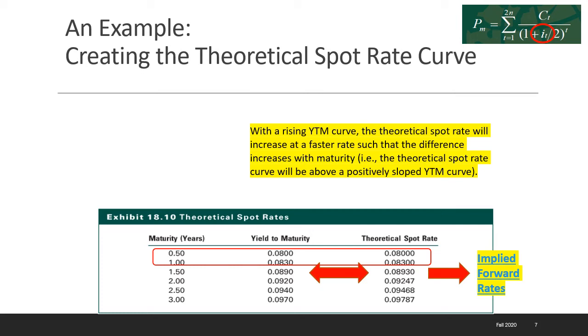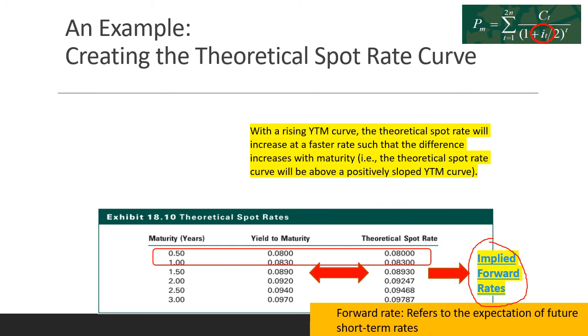Next, based on the derived theoretical SPAR rate curve, we can estimate forward rates. And you can find my notes in the teaching materials on Moodle through this link. Just to remind you that forward rates refer to the expectation of future short-term rates.